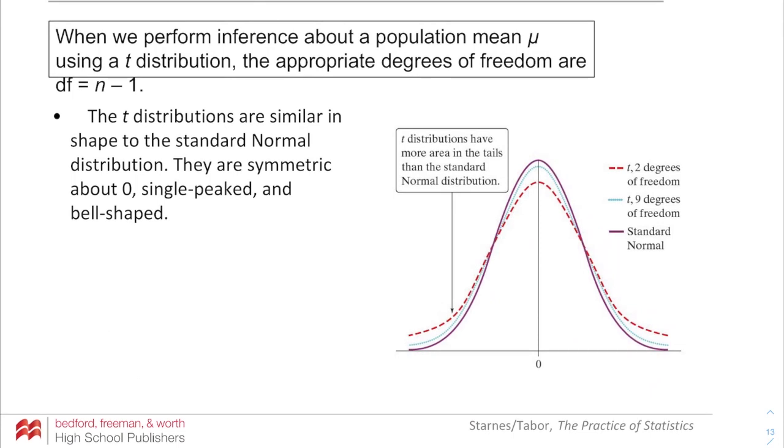All right, so as your degrees of freedom increase from 2 to 9, you see in this graph that the larger your sample, the more normal the graph looks. Now, these are all normal distributions, so what I mean is it's becoming the standard normal curve.